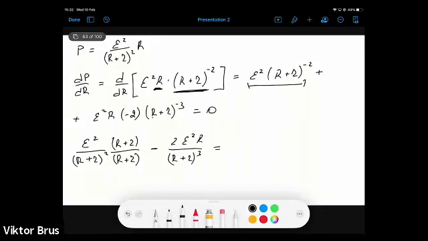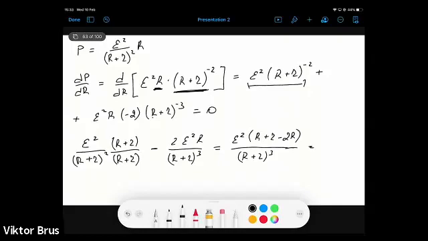And this we can write as follows. We can factor out epsilon square. Here will be (R plus r) in the power of 3. Then we have R plus r minus 2R, capital R, this load resistor.